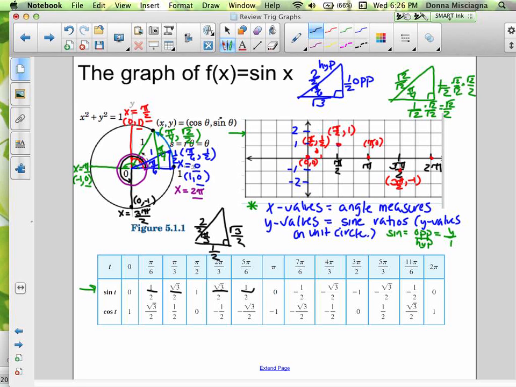So 5 pi-6 would be about here. Right? And if we were on the unit circle, for looking at it, 5 pi-6 is over here. Right? Because we go all the way to the green line, we're at pi-6.